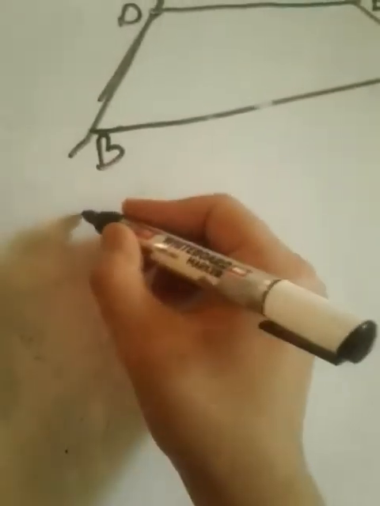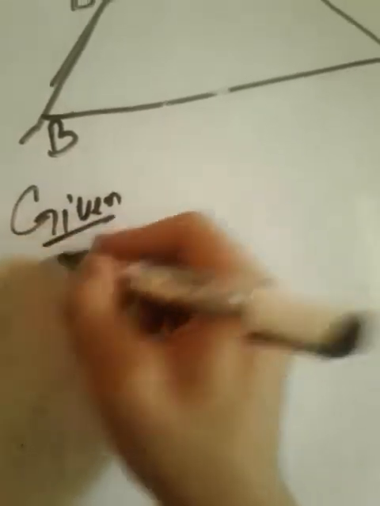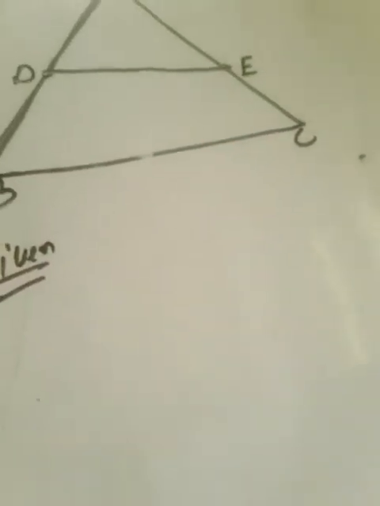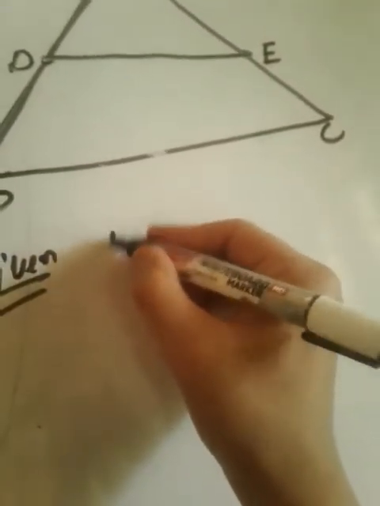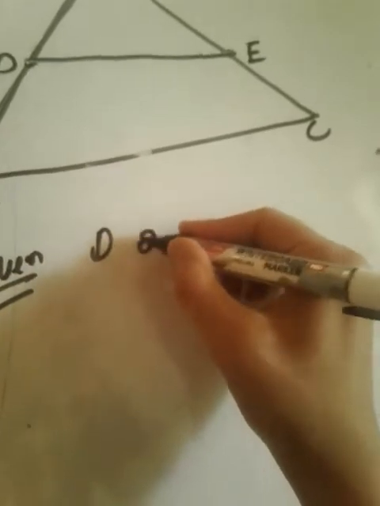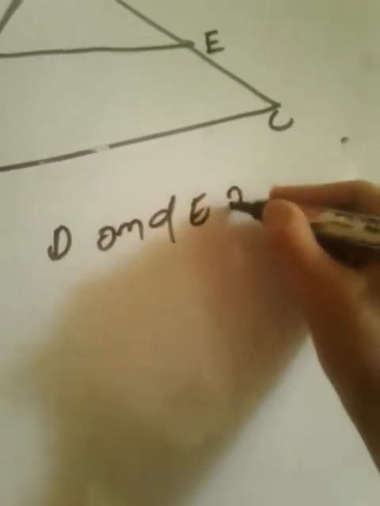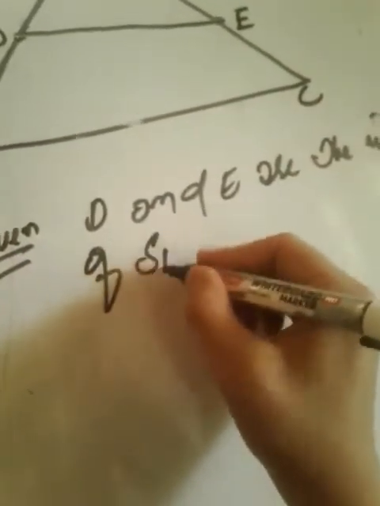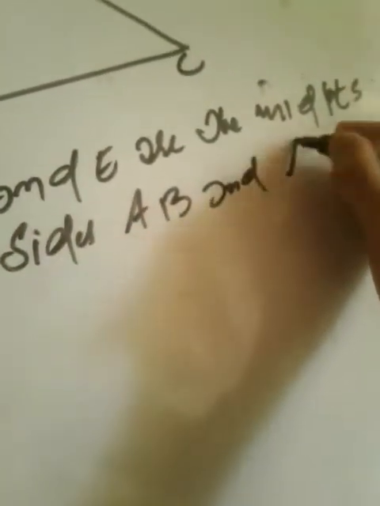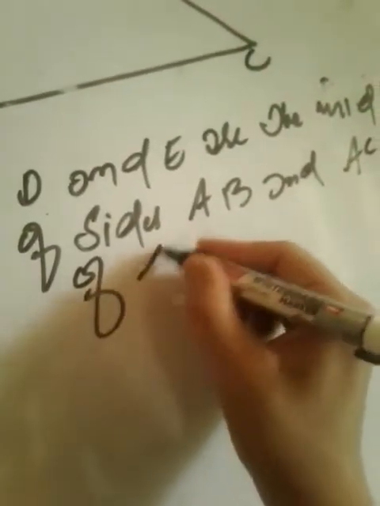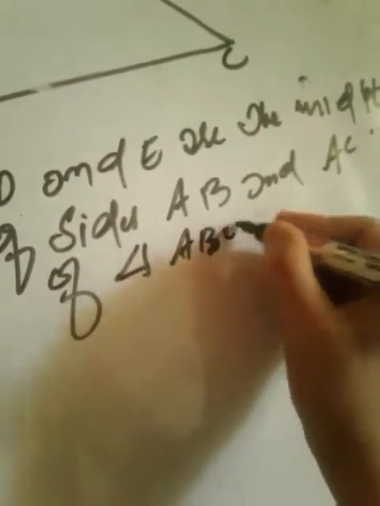So we will write the given. What is given? Given: D and E are the midpoints of sides AB and AC of triangle ABC.